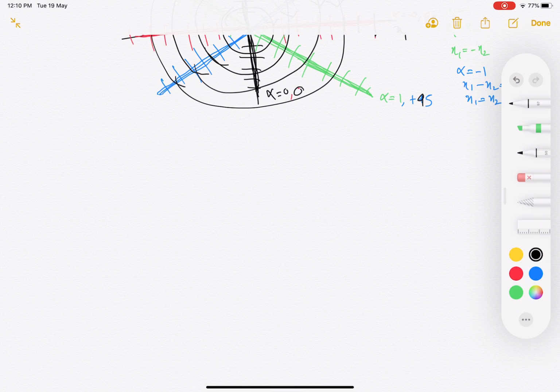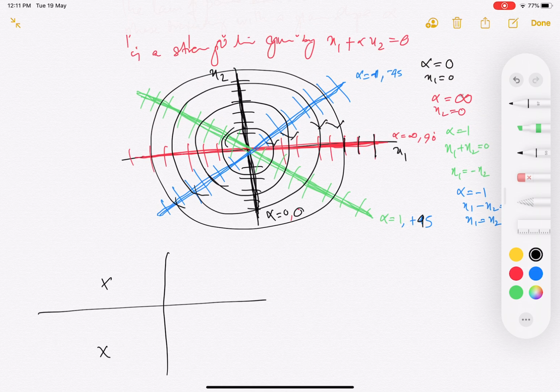So in case of linear systems, if you have a second order linear system, if you have poles like this, right, this is called a stable focus. We have just seen this phase portrait for a second order linear system which has poles like this, and a marginally stable system.